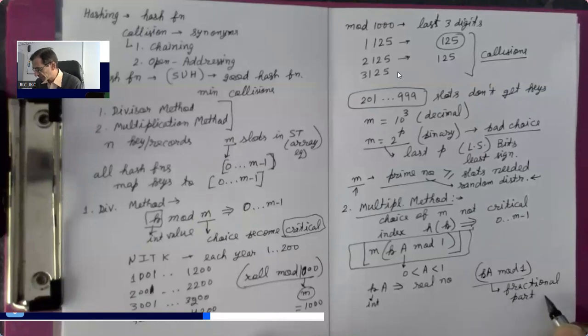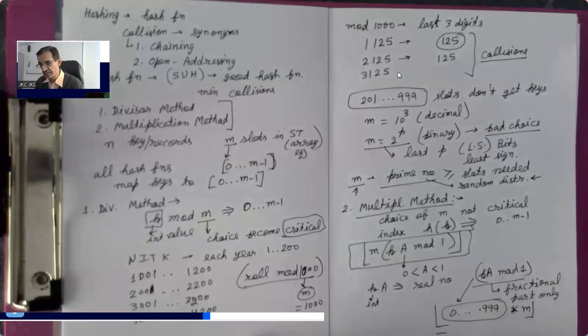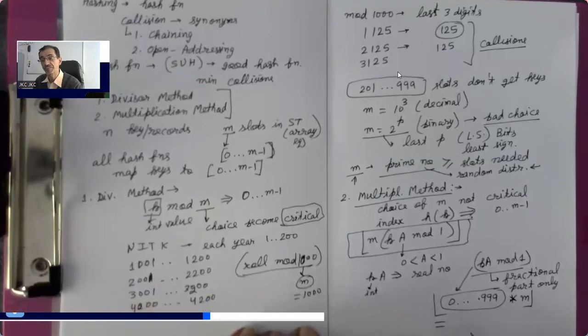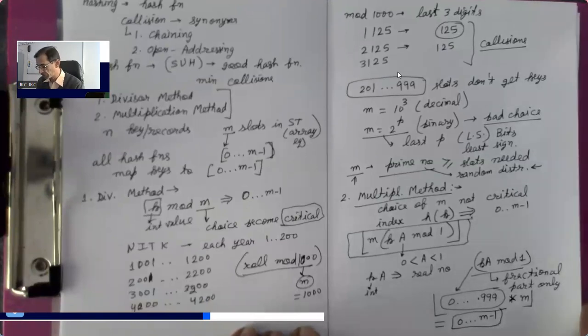The purpose is to extract the fractional part. Once the fractional part is taken out, it will be in the range of 0 to 0.9999. If this is multiplied by M and then the floor is taken, it automatically brings my indexes into the range of 0 to M minus 1. This is the purpose of what we are doing.